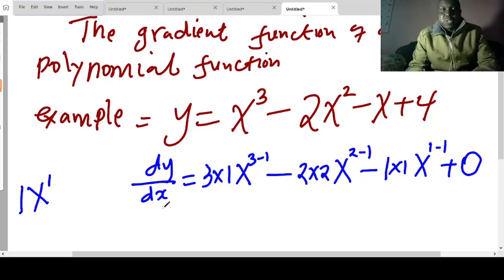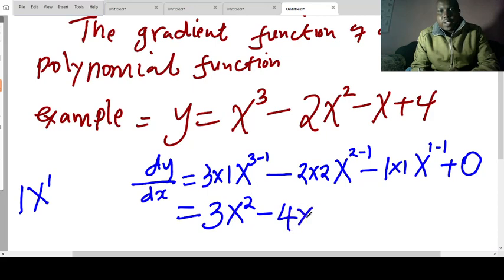So let's now finish up. 3 times 2, the answer is going to be 3x squared minus 4x, we don't write the 1, minus 1 times 1 is 1, and then x to the power 1 minus 1 is 0.